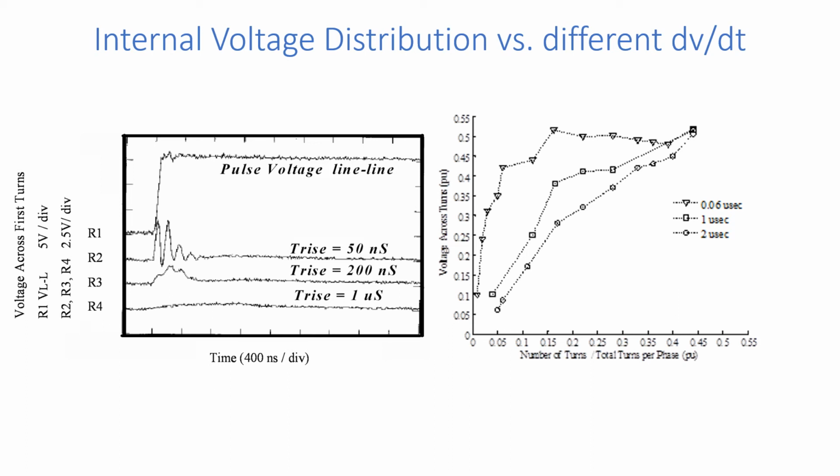You see the voltage is going to be uniformly distributed when we have a 2 microsecond rise time for the dV/dt. But when we have faster pulses, then the stress is going to be in the first couple of turns, which is going to happen when we are dealing with, let's say, silicon carbide MOSFETs these days.